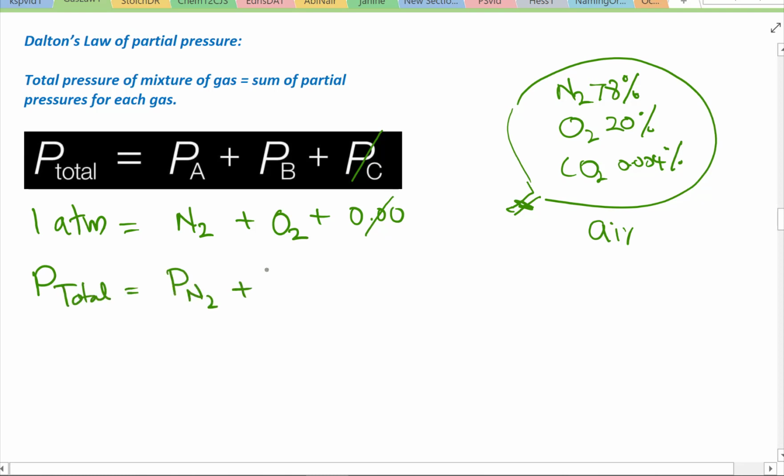And that's how we get the 1 atm for the air pressure surrounding us. That's also considered as P total. So that means P total is the partial pressure of nitrogen, oxygen, and CO2. CO2 is actually 0.04%, so let's correct that.